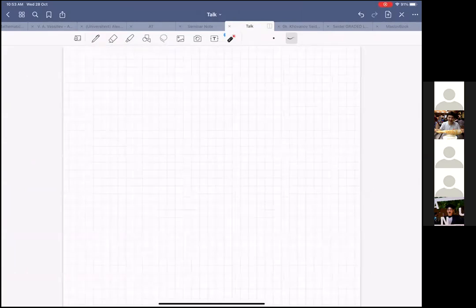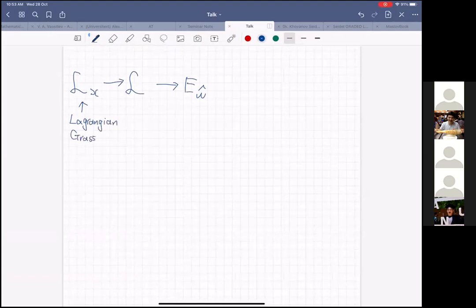Okay. So now EW hat is our symplectic manifold. We look at a fiber bundle with the fiber Lagrangian Grassmannian over each point. In the low dimensional case, you can think of that as RP1.